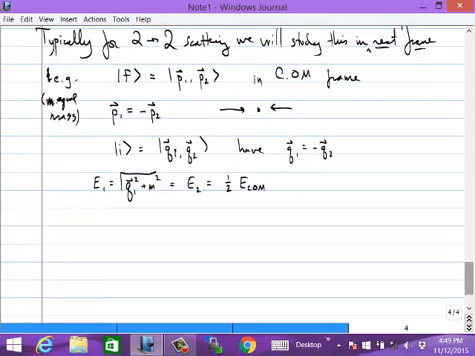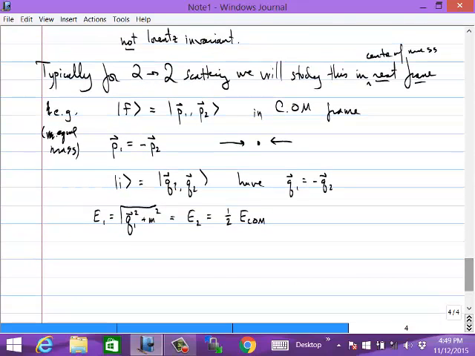So what does this phase space factor look like? Well, there was this Lorentz invariant phase space factor for the final state particles. So what was it?